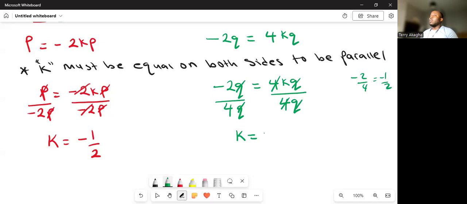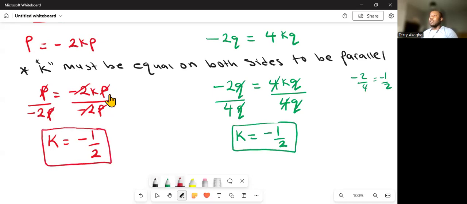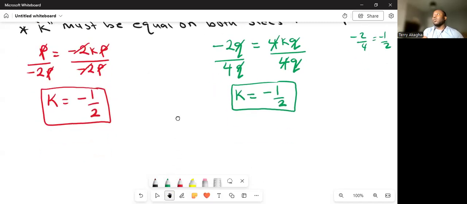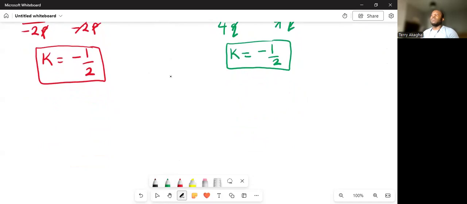All right, so this is going to be minus 1 over what? 2. So you can see the K in this part is exactly the same thing as the K in that part there. So we can now move on to the next step. Therefore, because we had minus 1 over 2 on the left-hand side and minus 1 over 2 on the right-hand side, we can now say the two vectors are what?